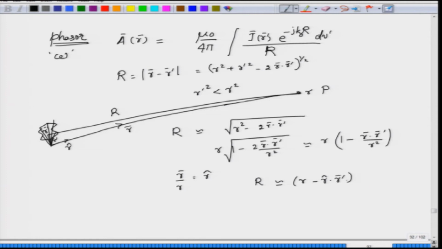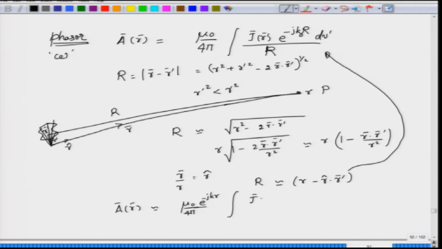Okay. So, there are too many r's here, but I hope you are not quite confused in all this. The goal here was that I could go back and substitute that into the equation for A and write A in a slightly approximate fashion as mu naught by 4 pi r e power minus j k r. It may seem a little bit puzzling, so I will first not look at this one and I will go back to this.